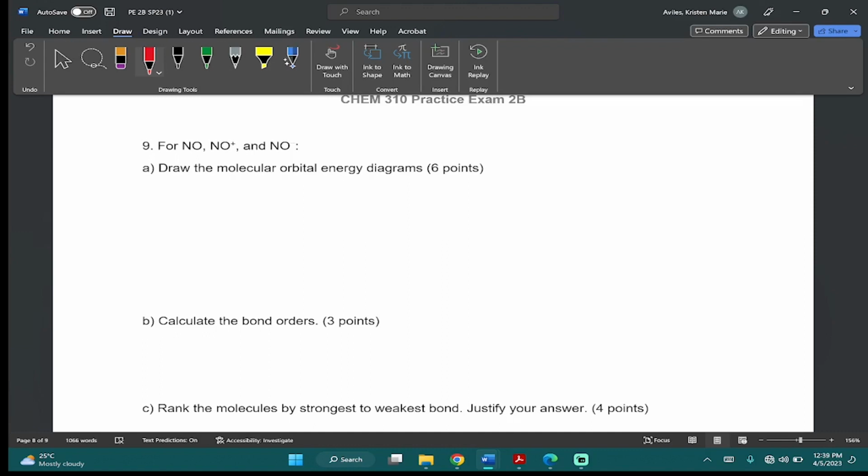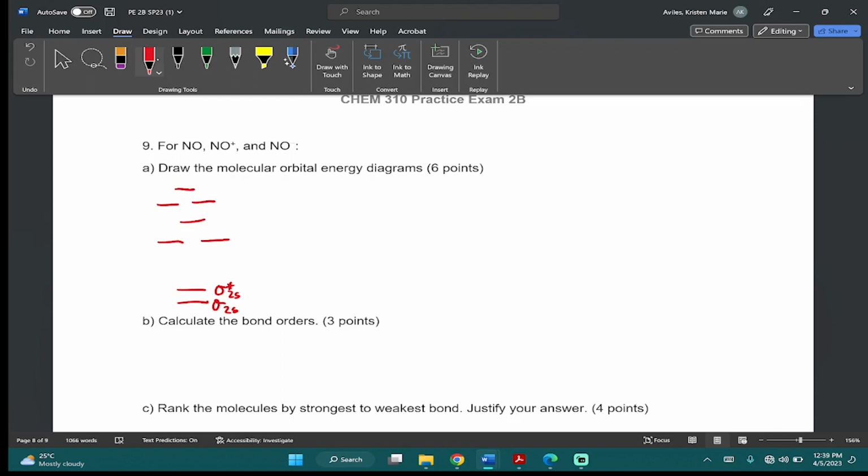So if we remember way back when, I'm going to include the 2s just to include it. I don't know why, I like to include them. So we would have our 2s over here. These would be our sigma 2s, and then this is our sigma 2s star. Then we're going to go to our 2p. So this is what I mean.